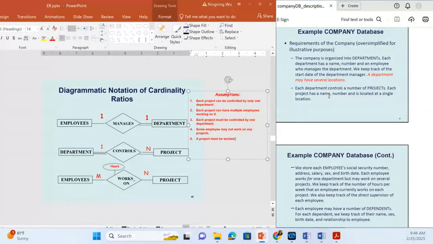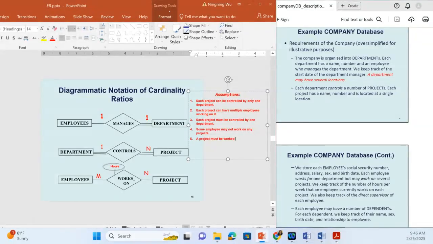Let's have some employees work on it. Sorry, my display response time is so slow, so I'm making sure I'm typing right.